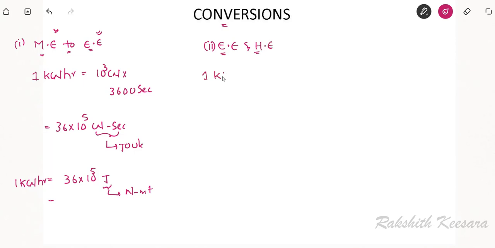Here we know that 1 kilowatt hour is equal to 36 into 10 power 5 joules, right? And we also know that 1 calorie is equal to 4.18 joules. So from this I can write 1 joule equal to 1 by 4.18 calories, right?